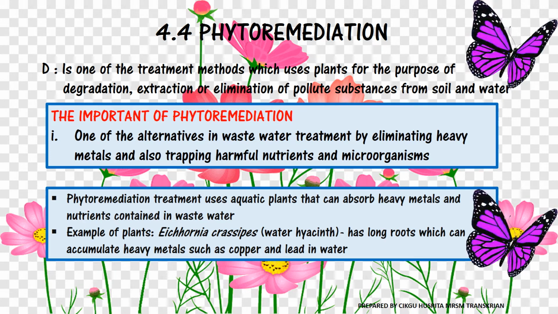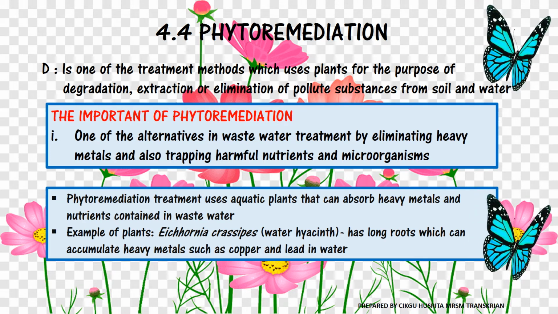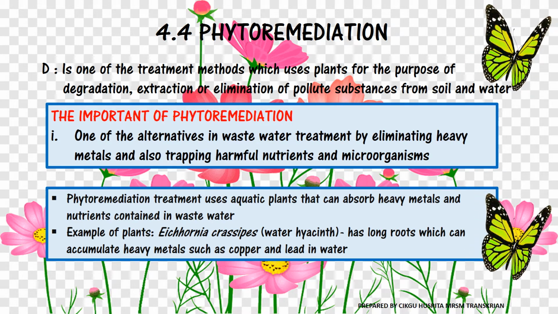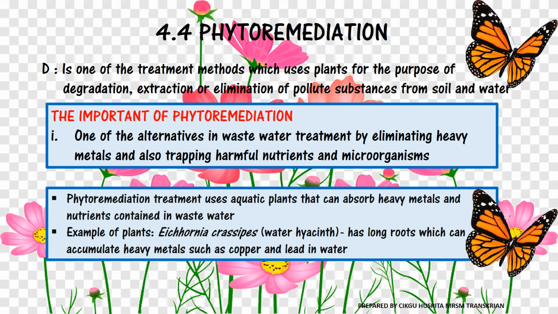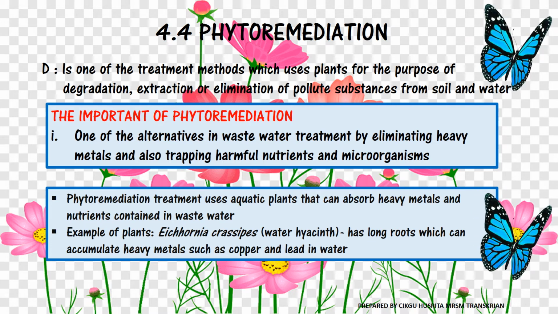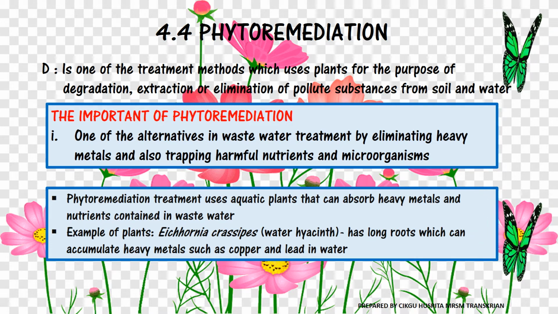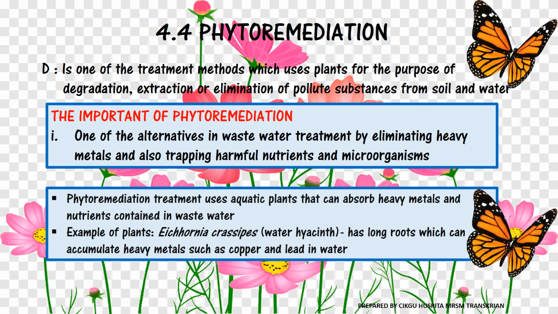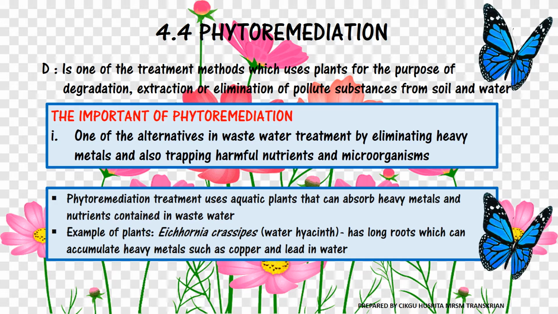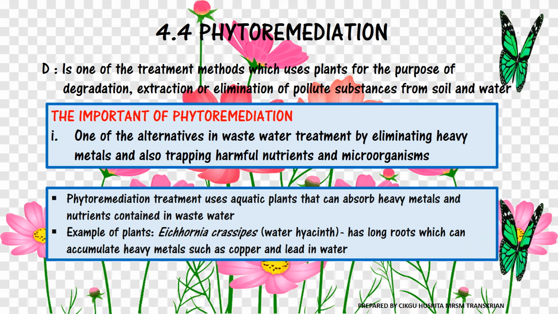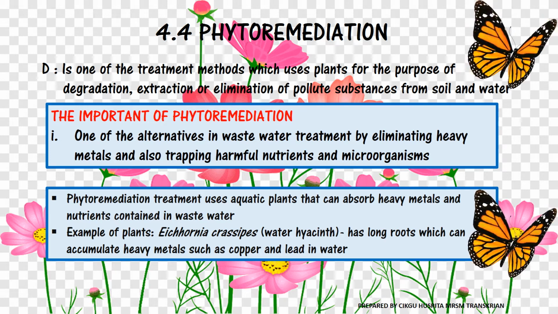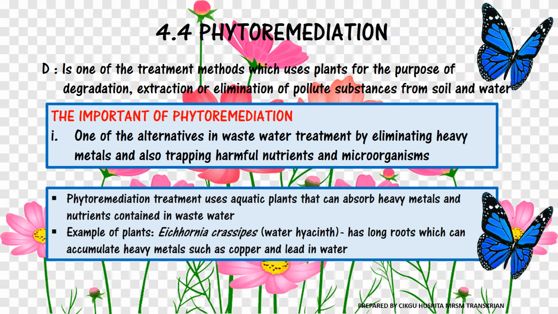Phytoremediation treatment uses aquatic plants that can absorb heavy metals and nutrients contained in wastewater. Phytoremediation is a treatment method which uses plants for the degradation, extraction or elimination of polluting substances from soil and water.